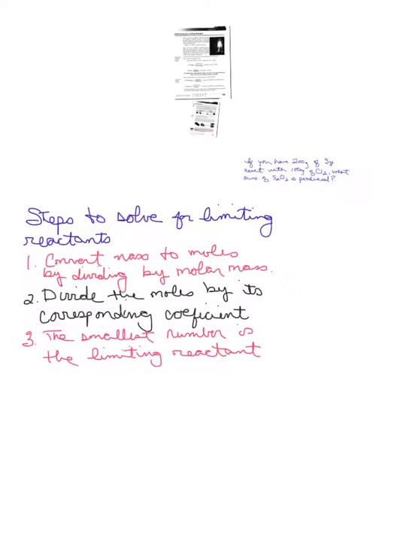And step 3, looking at all of our reactants after we've done all of our conversions, we look for the smallest number, and that is in turn our limiting reactant.